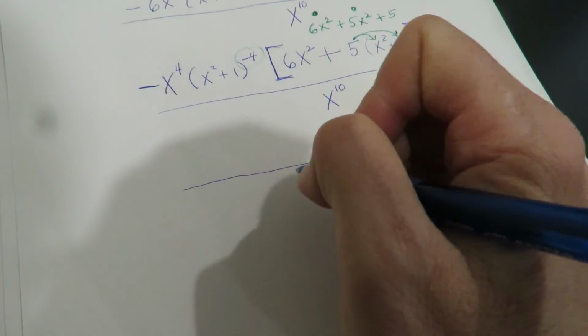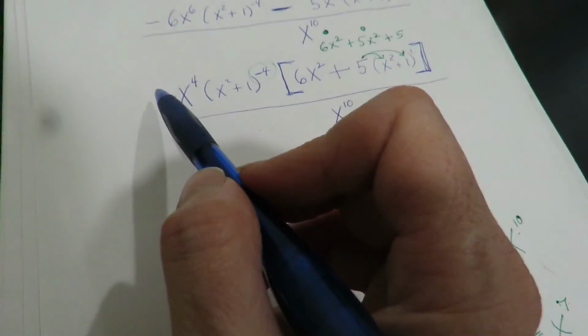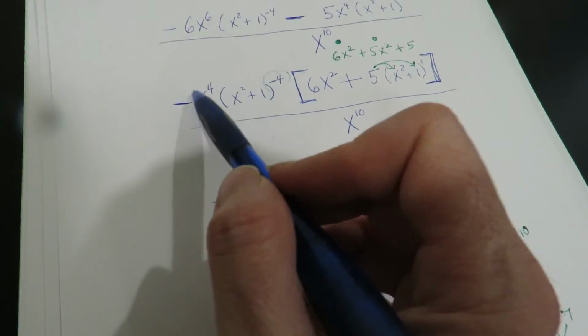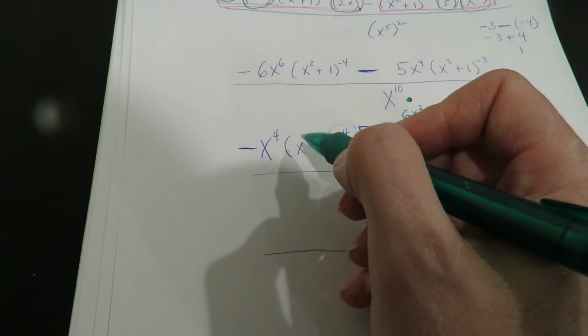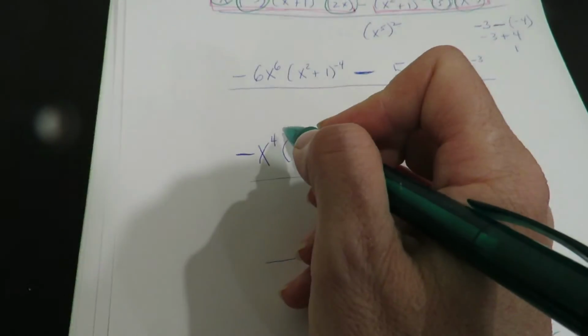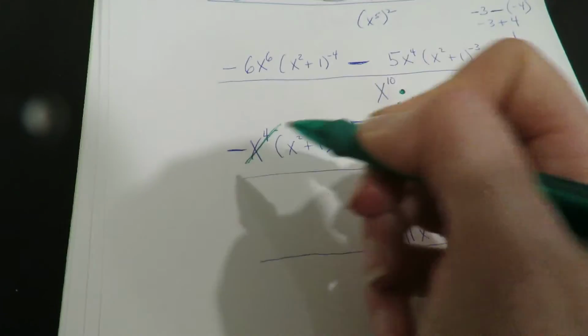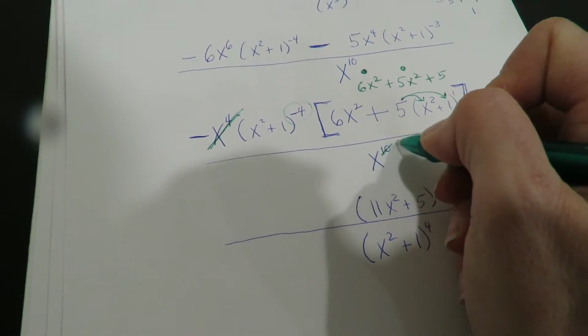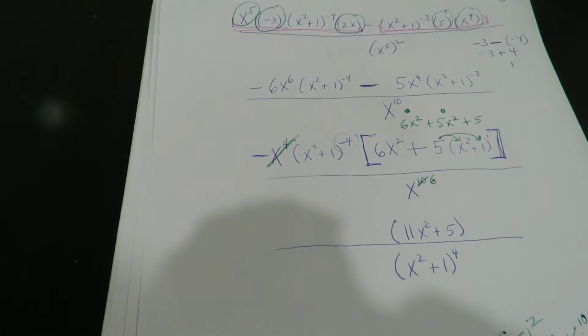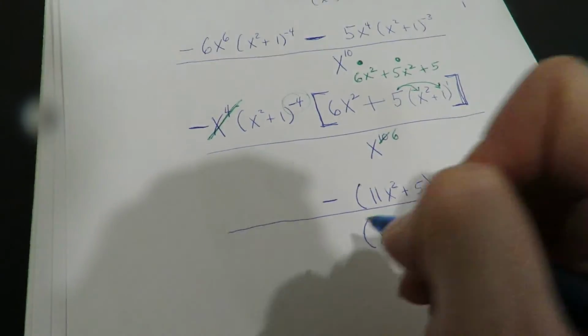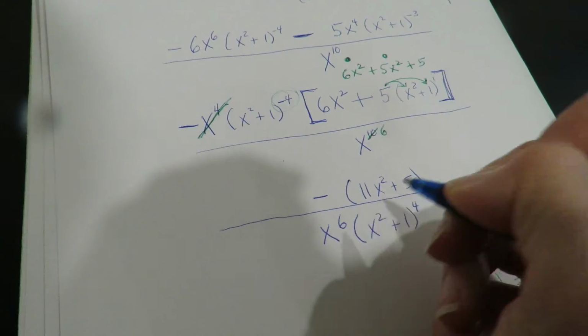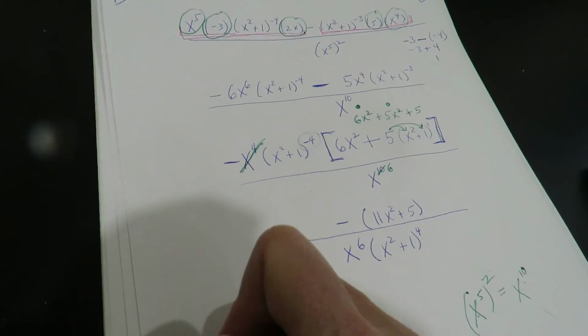Before I do that, let's look over here. So the x's here are common, but they're on opposite sides, which means you can reduce them. I can take 4 x's from the top and 4 x's from the bottom, because I'm reducing. Okay, so that's going to leave me with negative x^6. Okay, let me just write that answer a little nicer.